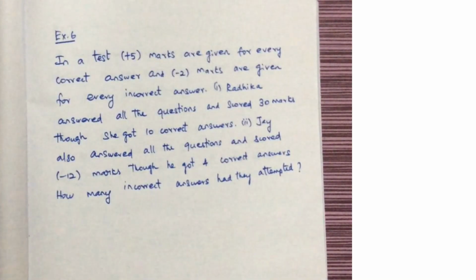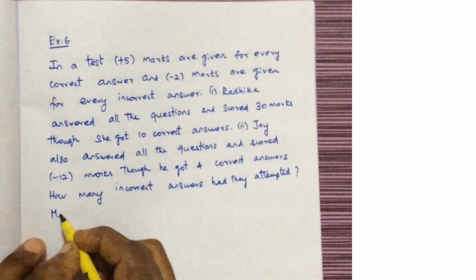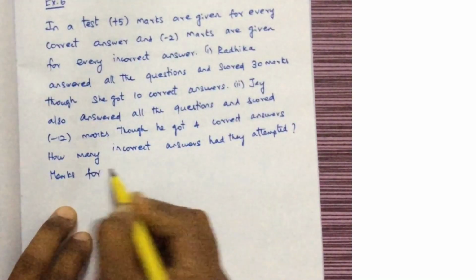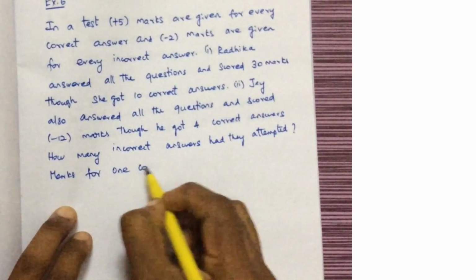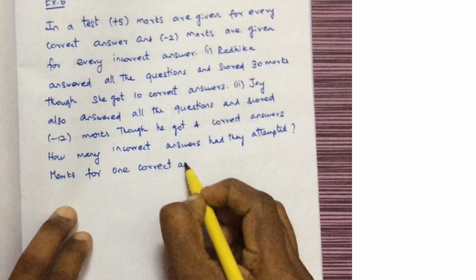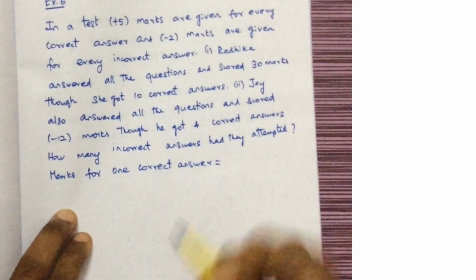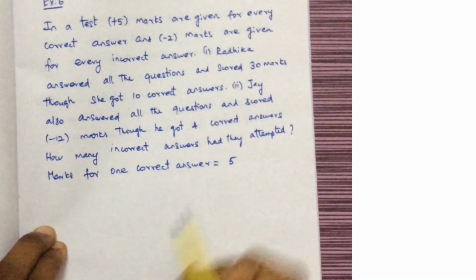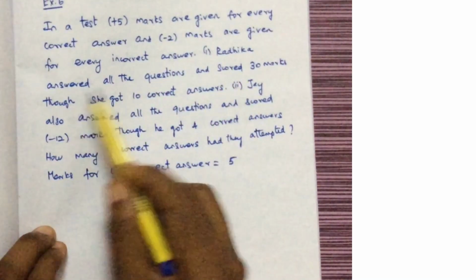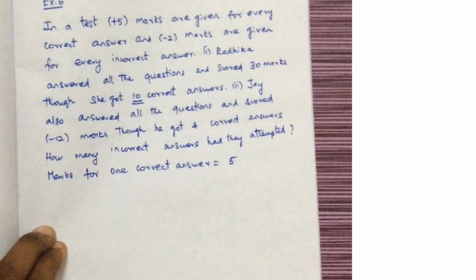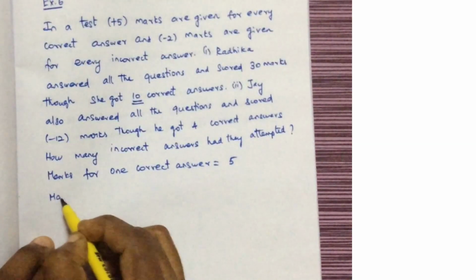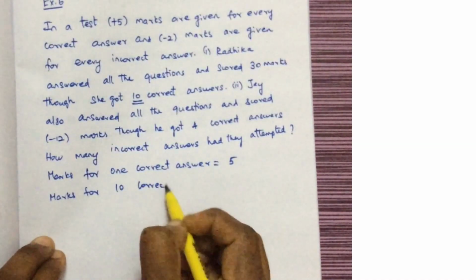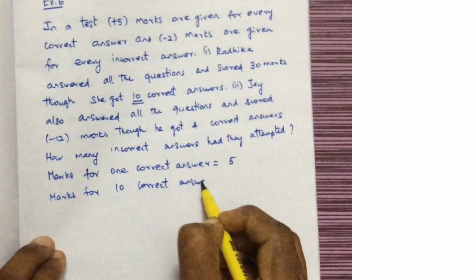First let me start with the marks for one correct answer. The mark for one correct answer is 5. Here they told that Radhika got 10 correct answers.